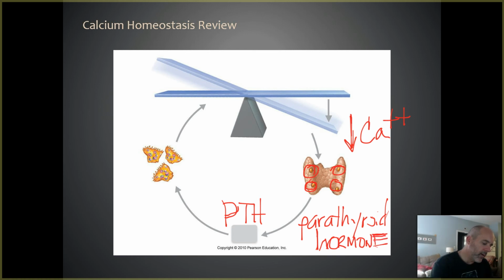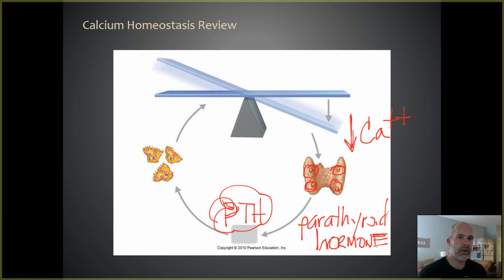All right, and that's actually a protein that travels through your blood, and many hormones are proteins, not all of them, and you'll learn more about that when you study the endocrine system.